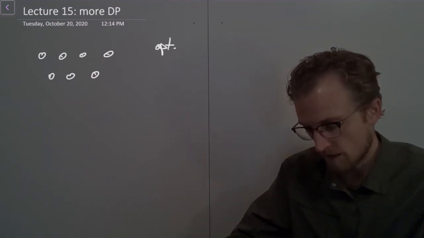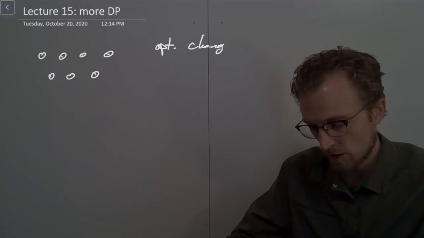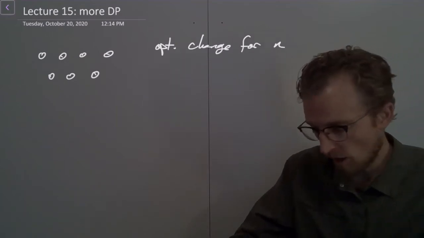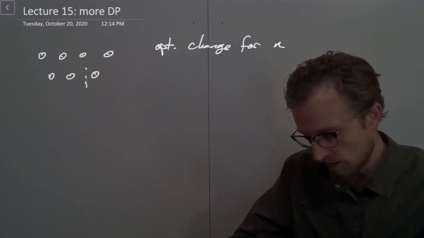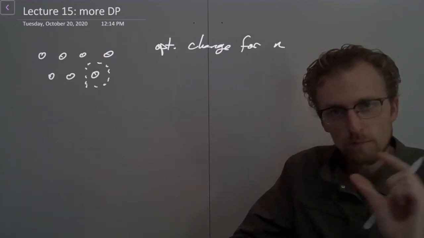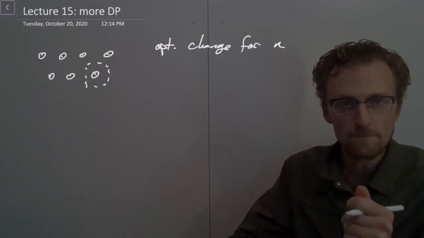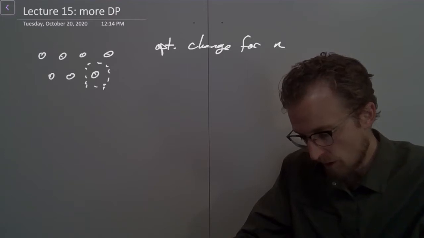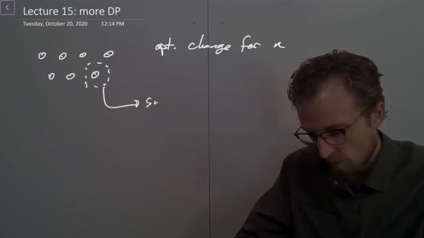So if I say this is optimal change or minimal change for n, then we notice something interesting about the coin change problem, and that's that if I were to zoom in on one of these coins and pick a coin and pick it up and look at it, and it was a 4-cent piece. So suppose now this is a 4-cent piece.